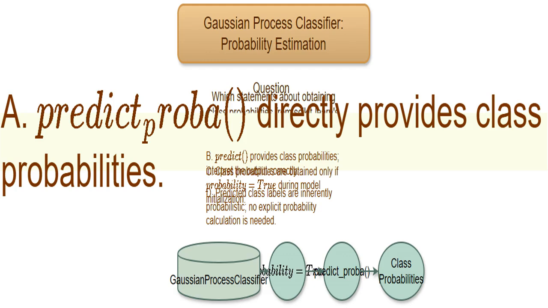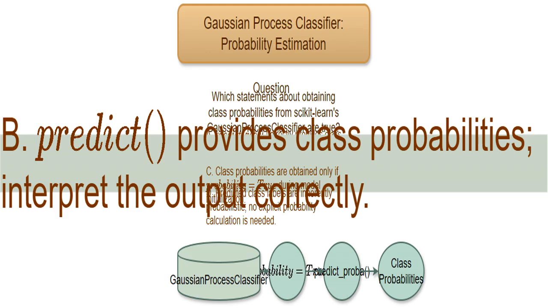This is completely true. It emphasizes the necessity of setting this parameter for correct probability estimation. This is false. While the model deals with uncertainty, you still need to explicitly request probability calculations by setting probability true in using predict_proba.